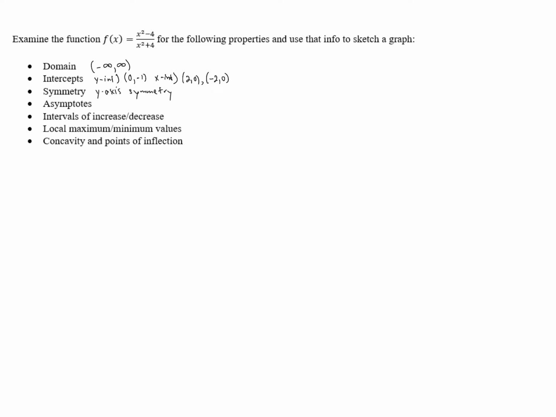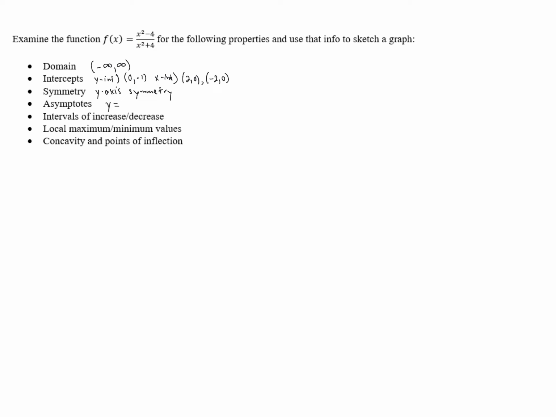All right. For asymptotes, remember we would have a vertical asymptote here if the denominator was ever 0, but we said that that can't happen, so there are going to be no vertical asymptotes, but there is going to be a horizontal asymptote. We have a rational function where the numerator and denominator have the same degree, and when that happens, we have a horizontal asymptote, y equals some number, and that number is the ratio of the leading coefficients.